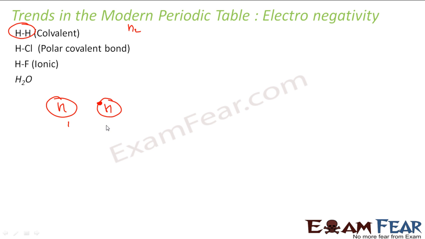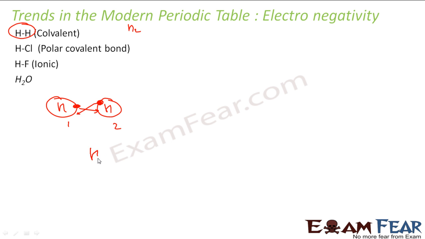Let's suppose this is hydrogen 1 and hydrogen 2. Hydrogen atom 1 will attract hydrogen atom 2's electron, and hydrogen atom 2 will attract atom 1's electron. And the power will be almost the same. So the electronegativity will be the same actually. There won't be much difference.